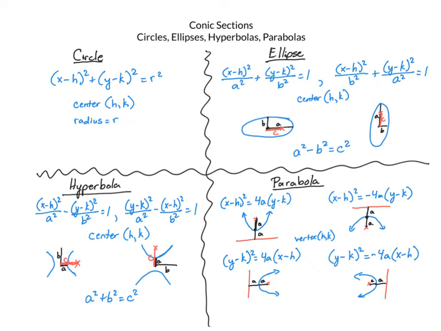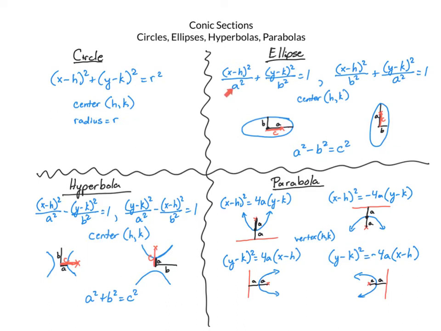Notice how similar the equations are for the ellipse and the hyperbola. There are a few distinguishing features, though. Notice with an ellipse we have a plus, and in the hyperbola we have a minus. Also, for an ellipse, the a squared is always the larger of the two denominators.